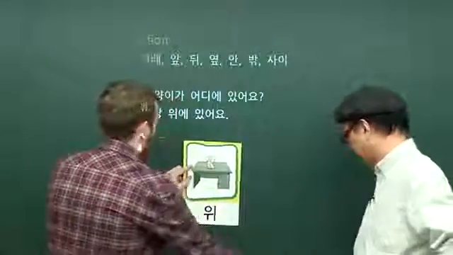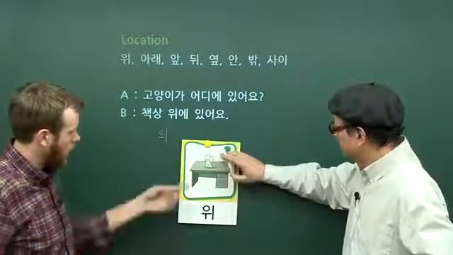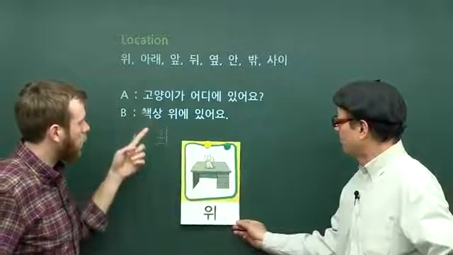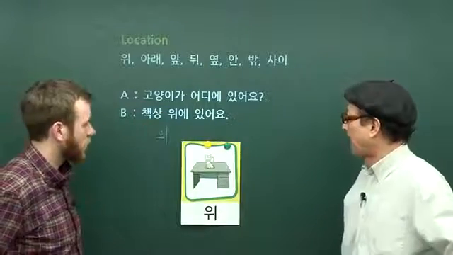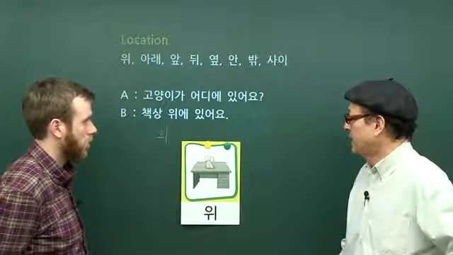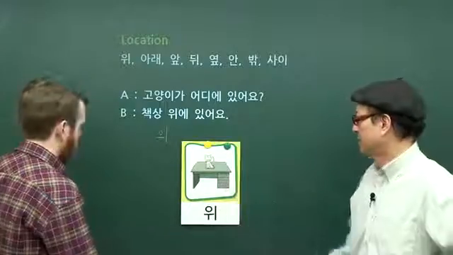So we see our cat. If I ask again, where is the cat? 고양이가 어디에 있어요? 책상 위에 있어요. 책상, our desk.